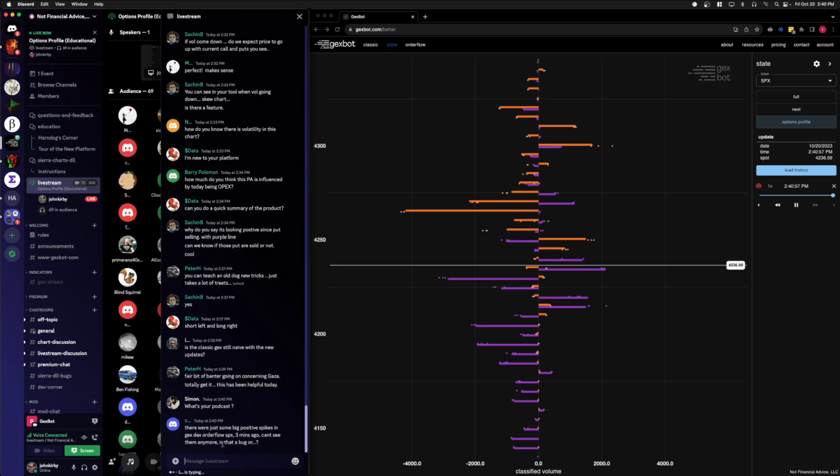Let me check the Gex index order flow, one second. So this is a pretty decent inflection point, looking at like 35 there.